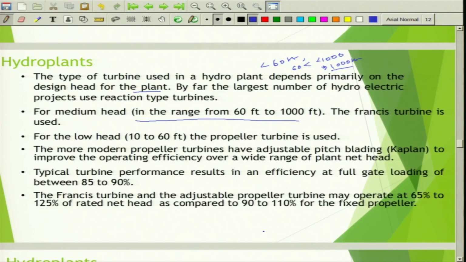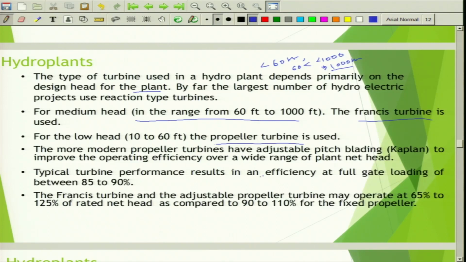So for medium head we use the Francis turbine, for low head the propeller turbine is used. The more modern propeller turbines have adjustable pitch blading, the Kaplan, to improve the operating efficiency over a wide range of plant net head.